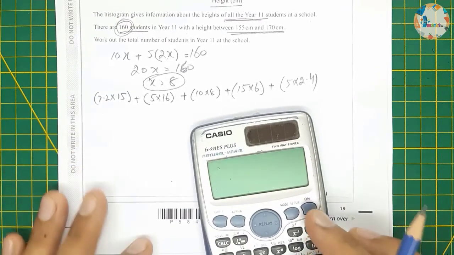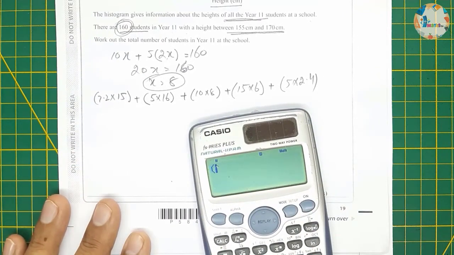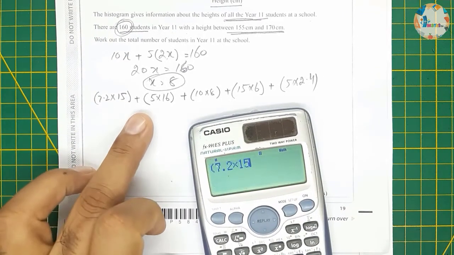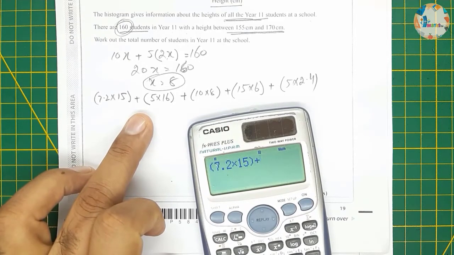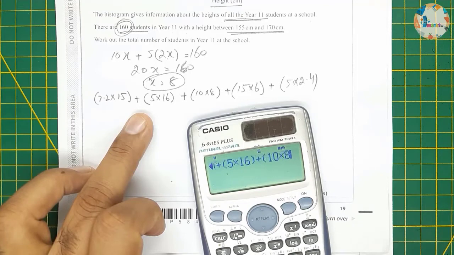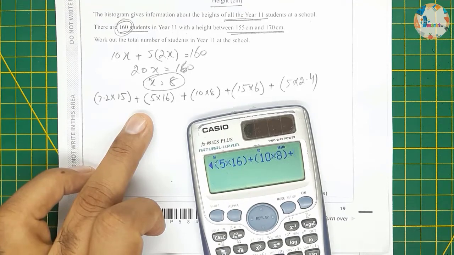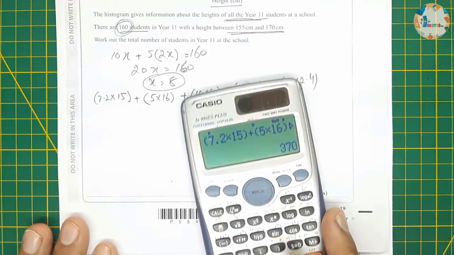So if we check, this is 7.2 into 15 plus next is 5 into 16 plus this one will be 10 into 8 and plus next one will be 15 into 6 and plus last one is 5 into 2.4 and this will be resulting to 370.